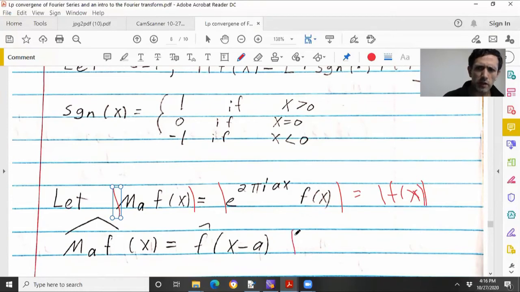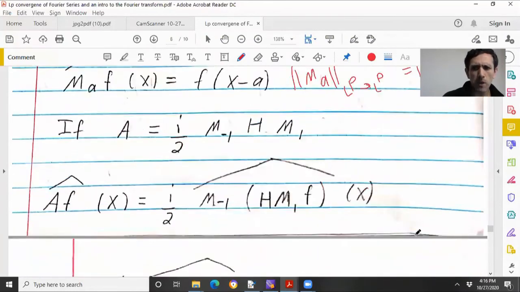So, right, you trivially have M_A, L^p to L^p. These are all equal to 1.